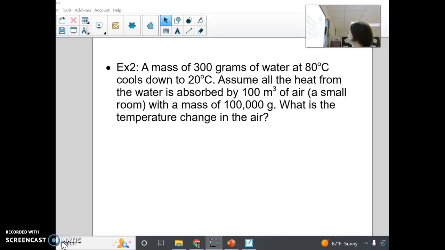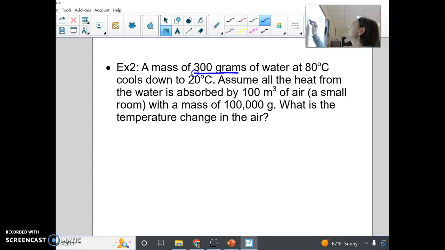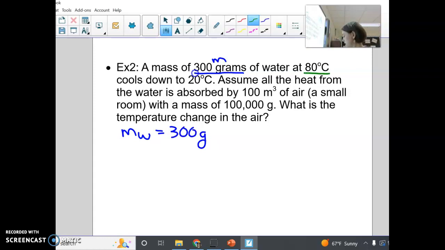Okay, so we're going to figure out what we know. So we know that 300 grams of water, so our mass of water equals 300 grams. And we know it goes from 80 degrees to 20 degrees.